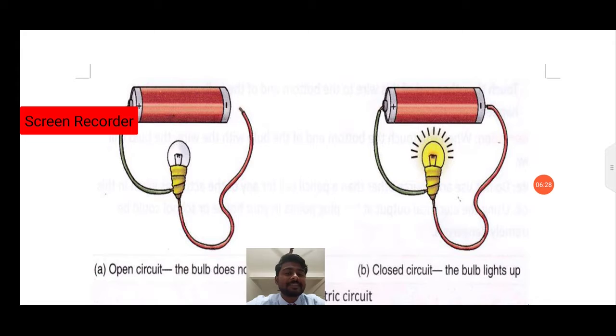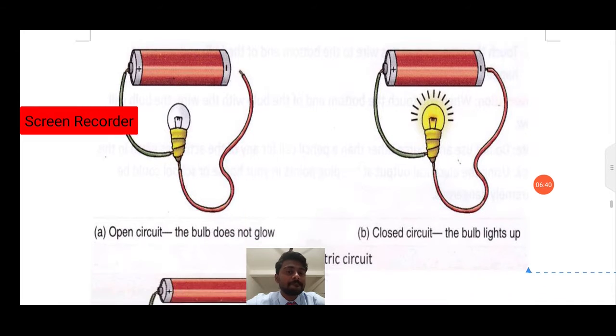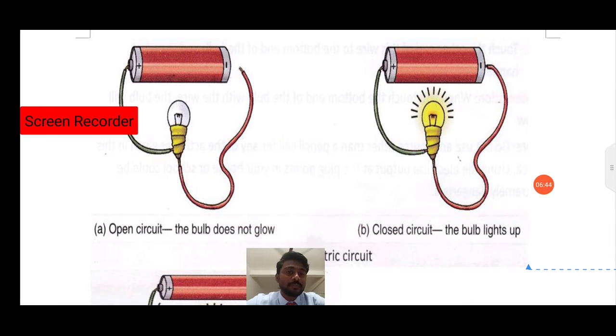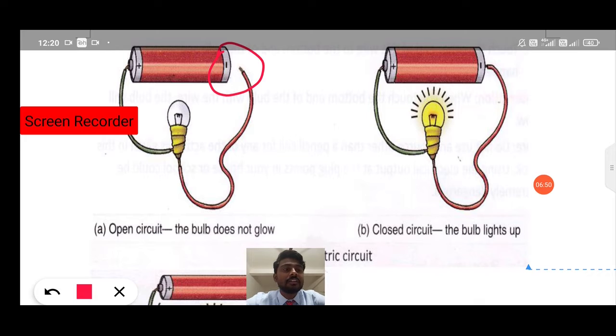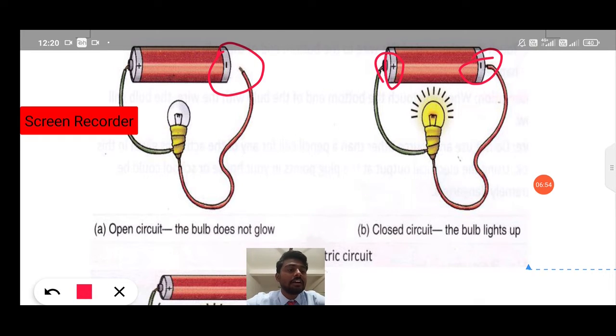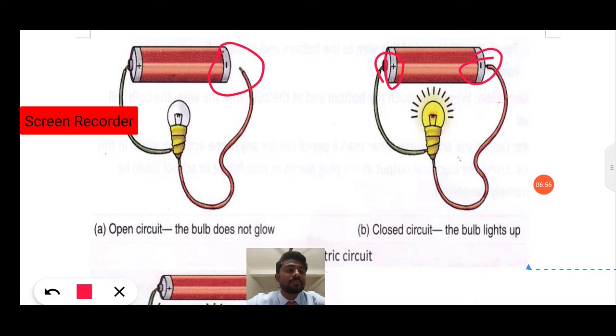See students, the first one is an open circuit, the second one is a closed circuit. In the closed circuit, the bulb lights up.